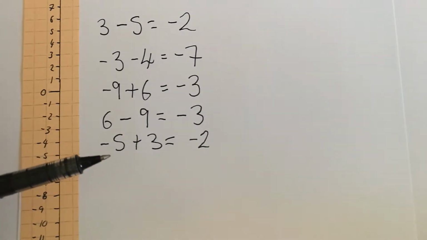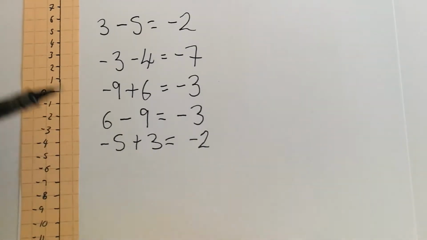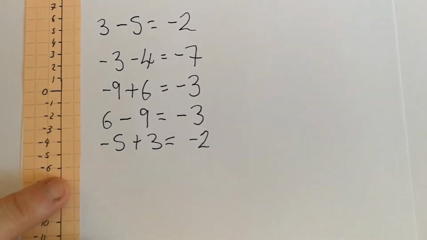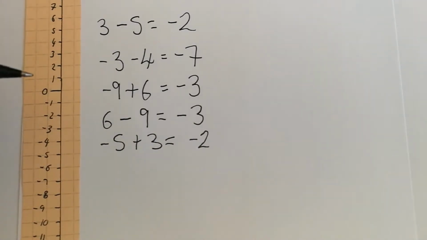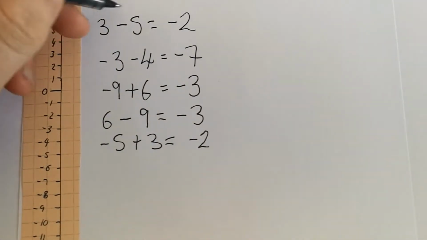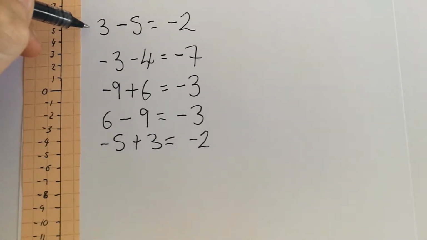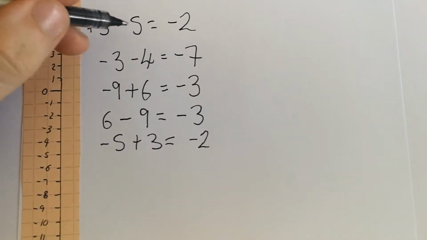Now, when we look at trying to figure out what to do, because we might not have a number line, or you might have a number which is really quite big. If, for example, we've got here 3 minus 5, or actually we could use that as a plus, so plus 3 minus 5.